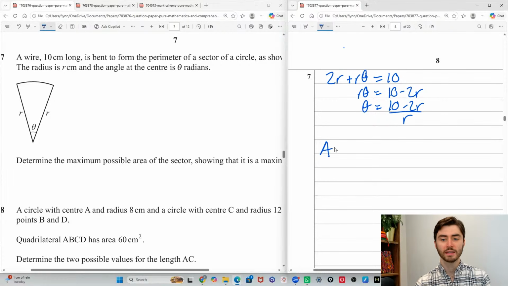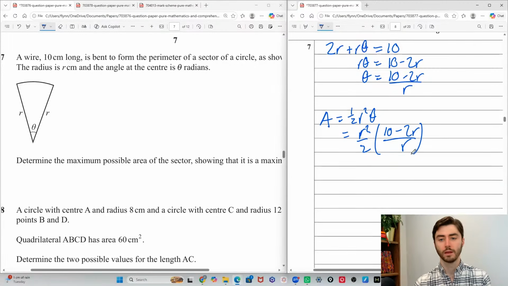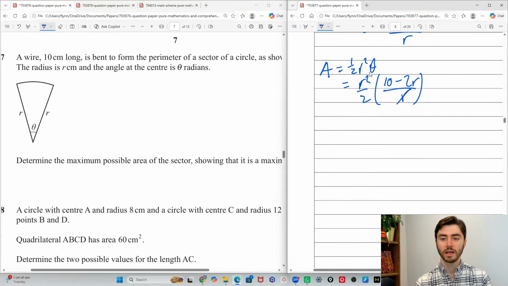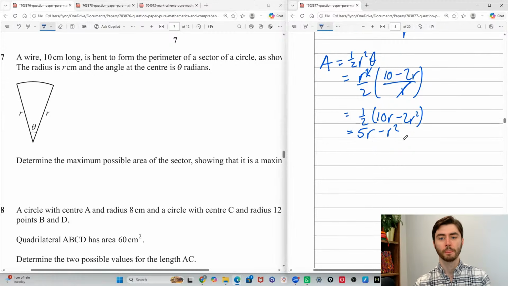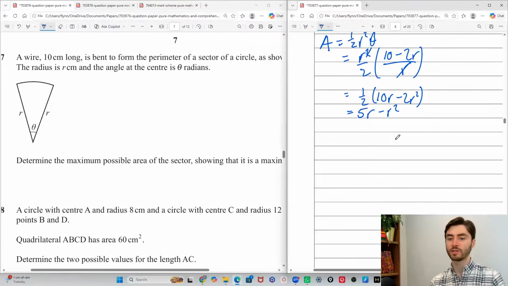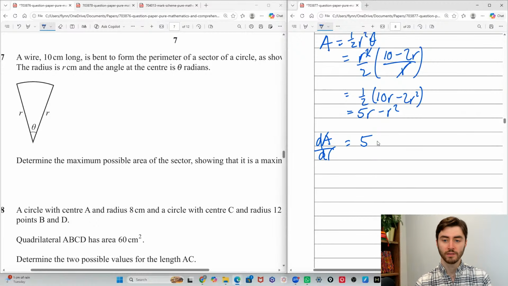Okay, so A is equal to half r squared theta. So it's r squared over 2 times this theta. So an r is going to cancel there. So it's going to be a half into 10r minus 2r squared, which is 5r minus r squared. So that is A in terms of just r. So now dA dr is simply 5 minus 2r, and that will equal 0 at max area.